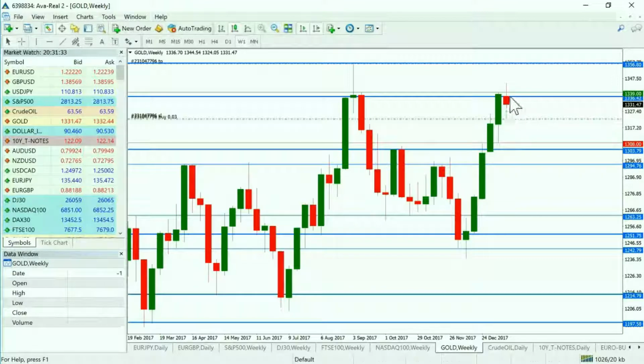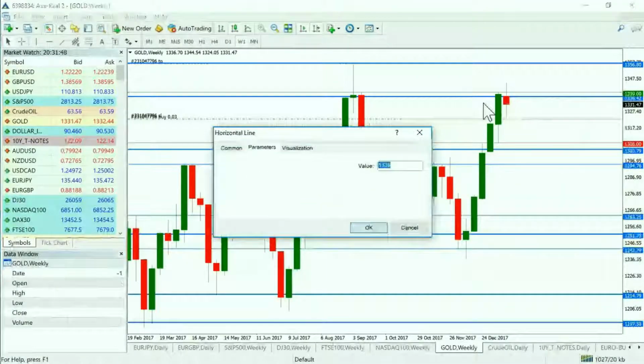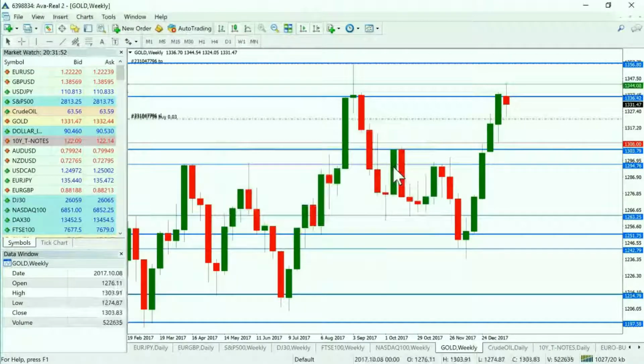So maybe that's what might happen here once more. But we'll be looking at those weekly and monthly levels throughout next week. So the high is the 1344. Let's work with that level, 1344 to the upside, and to the downside we shall work with the 1324.